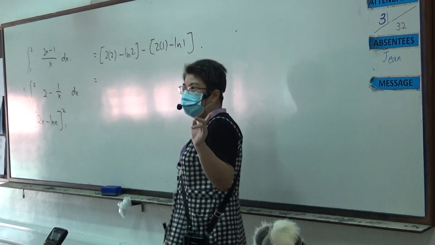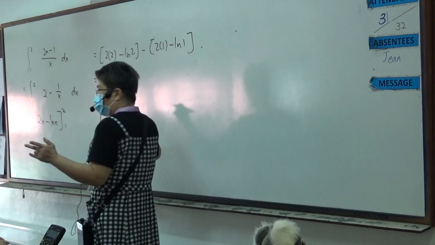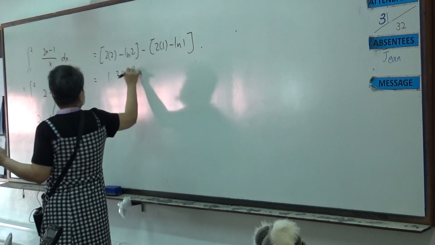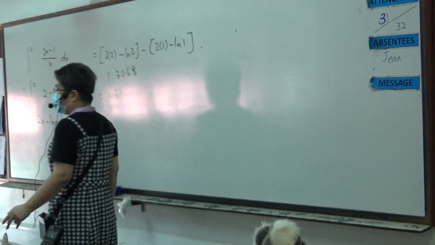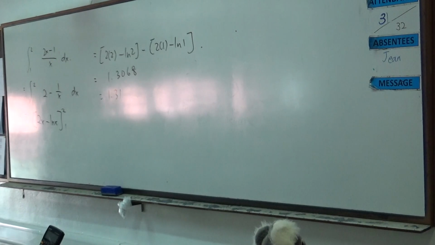The textbook gives you 2 minus ln 2. But 2 minus ln 2 is what in 3 significant figures? 1 point what? 3068. So it's 1.31, right? Do you get the answer? 1.31. Everybody clear? Okay, good.